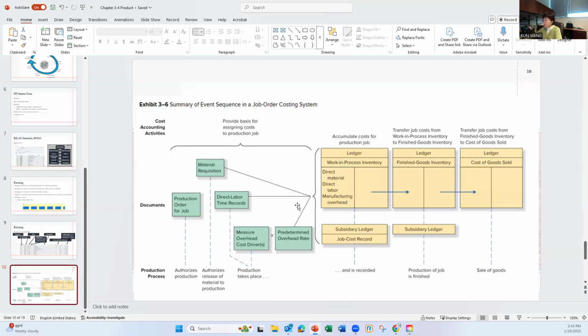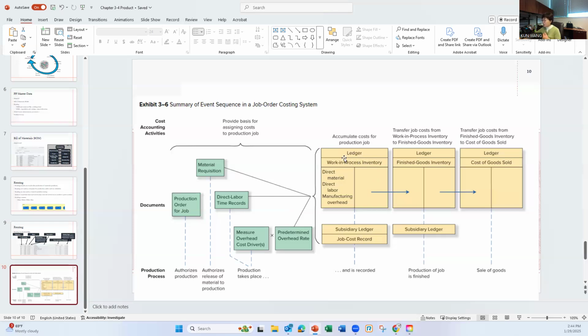So the first video I'm talking about here is just to bring an overall comprehensive picture for the production process, and we'll get down to more details like all the journal entries and the cost reports, and then the overhead allocation in the next video using the Chapter 3 slides.